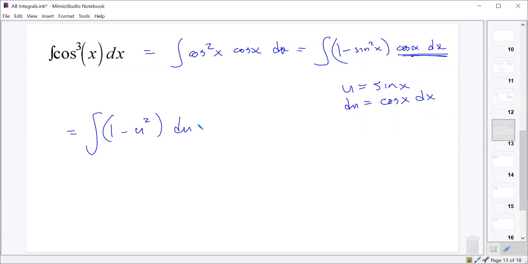Everybody good there? And what should that become? What's the integral of 1 du?